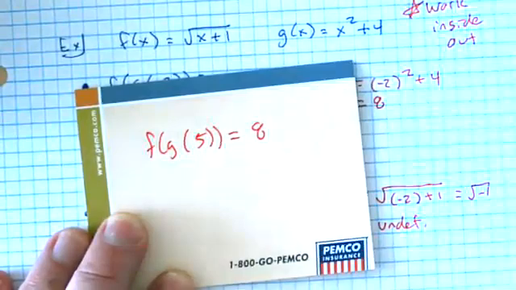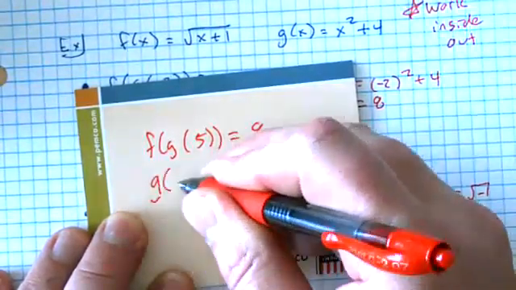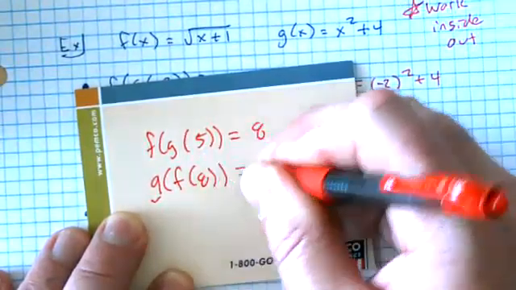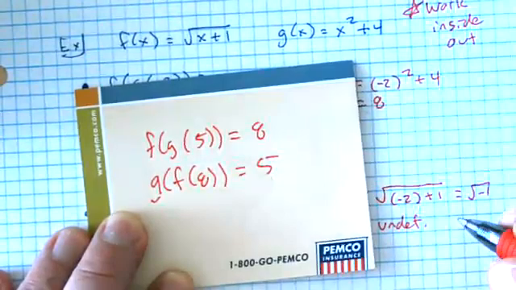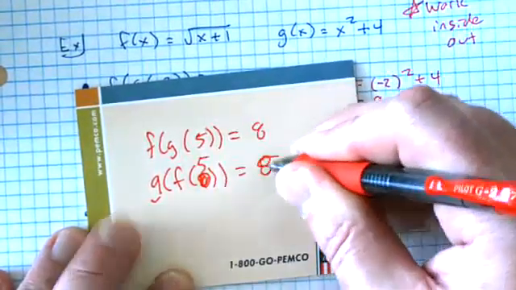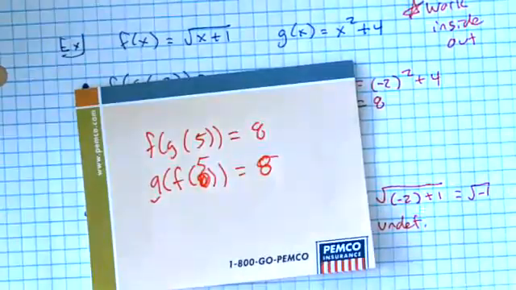Your question is, if I reverse it and do g of f of 5, am I always going to end up getting 8? And the answer is no. Now, you could come up with some functions where that might happen, but that would just be coincidence.